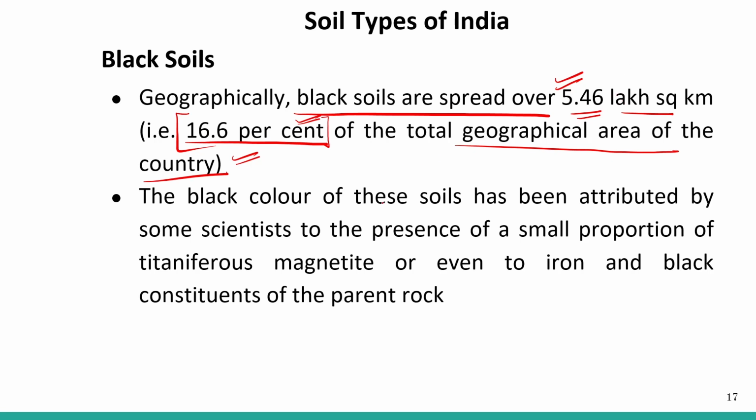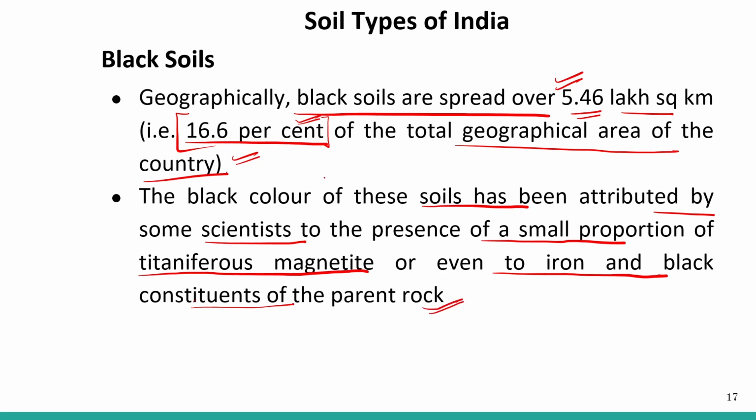The black color of these soils has been attributed by some scientists to the presence of a small proportion of titaniferous magnetite, or even to the iron and black constituents of the parent rock.